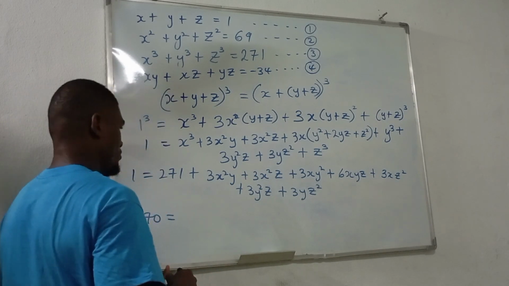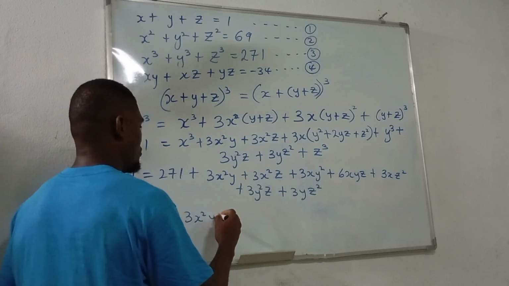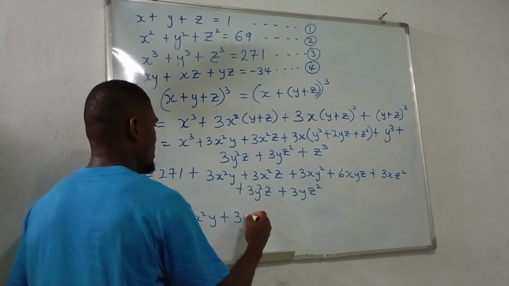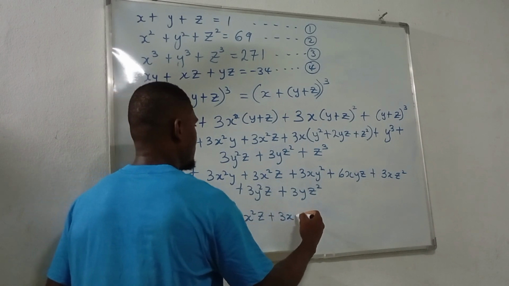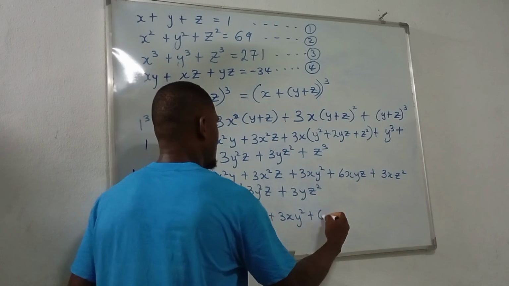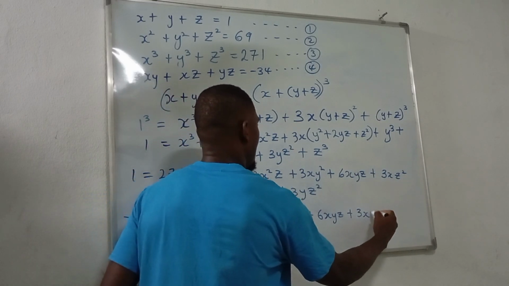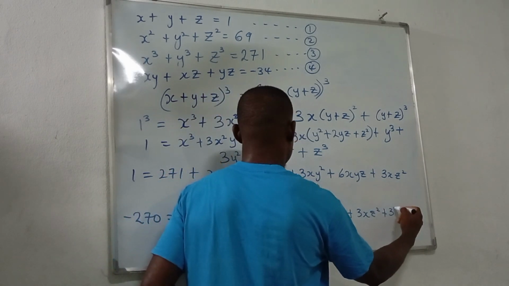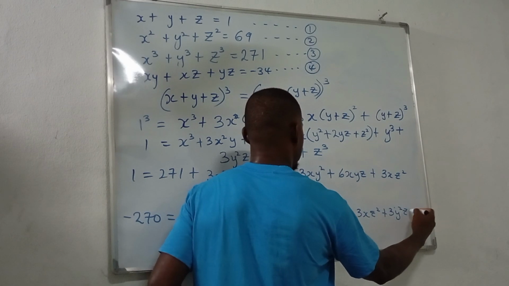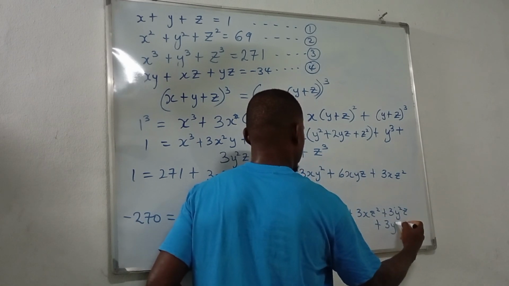And then we have the rest of this equation, which is 3x squared y plus 3x squared z plus 3xy squared plus 6xyz plus 3xz squared plus 3y squared z, then the last, which is 3yz squared.